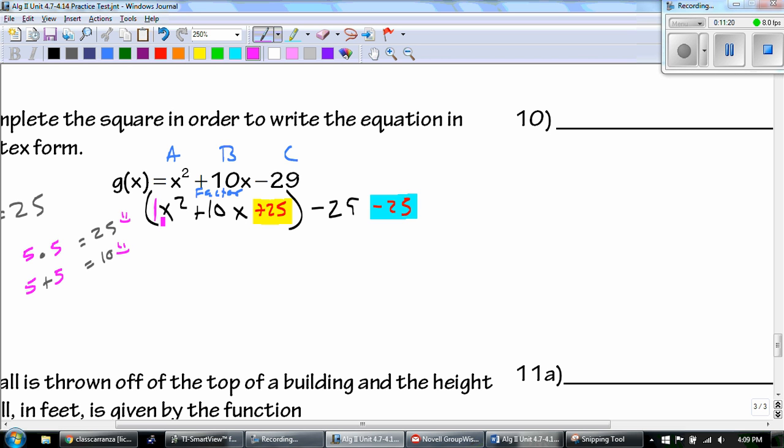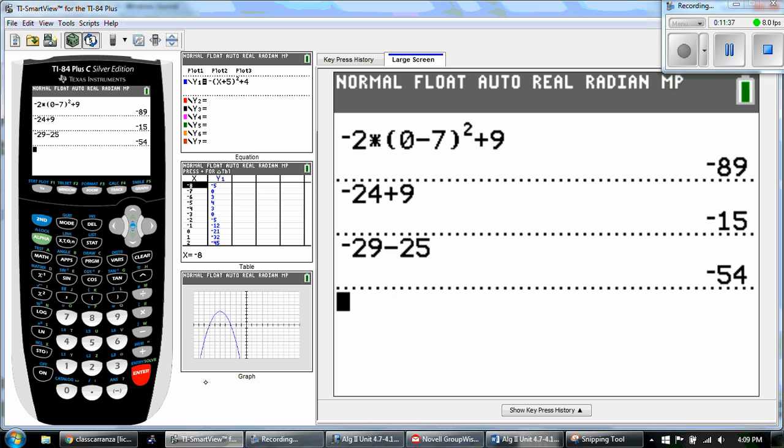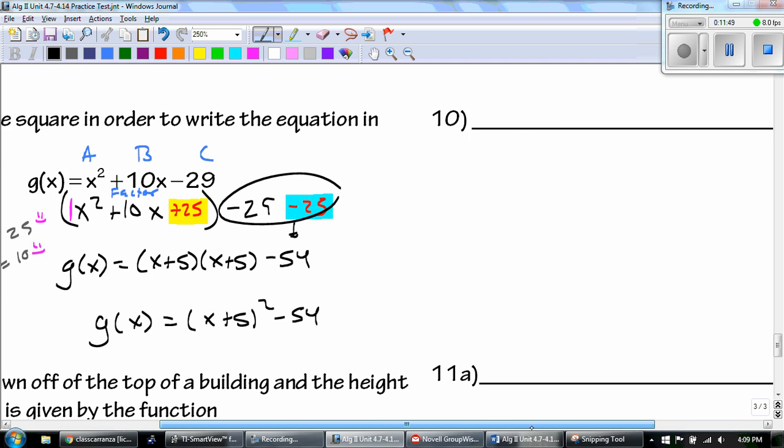Now, since my leading coefficient is 1, I can say that that is really x plus 5, and then -29 minus 25 is -54. And then as I go to rewrite this, it would be x plus 5 squared minus 54.